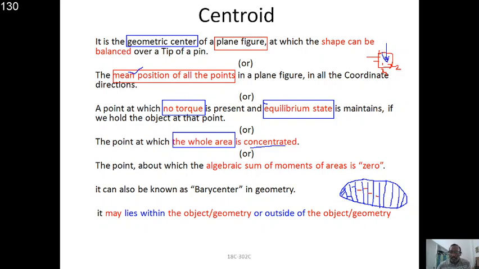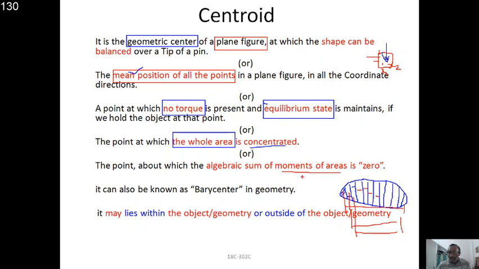Take the moments of all of them about a point. I take the moment of this area towards this point, and similarly this area towards this point. Moment means force into displacement. Now we are talking about areas, therefore it is the moment of areas, not the moment of force.